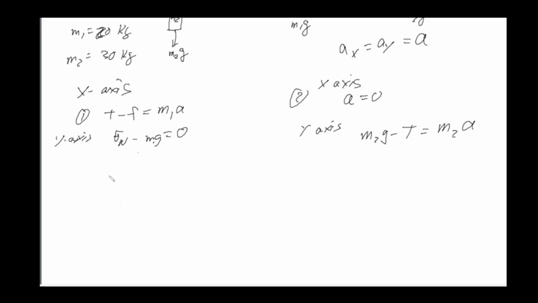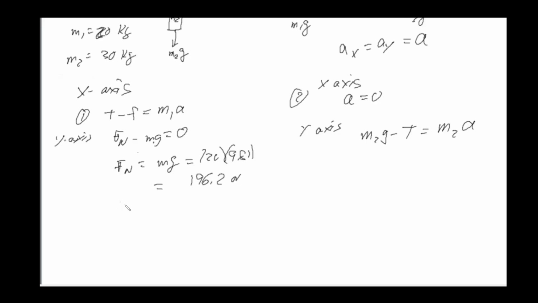Now, whenever you have a problem with friction, the first thing you want to do is solve for the normal force. So in this case, the normal force is equal to mg, which is equal to 20 times 9.81, or it's equal to 196.2 newtons.